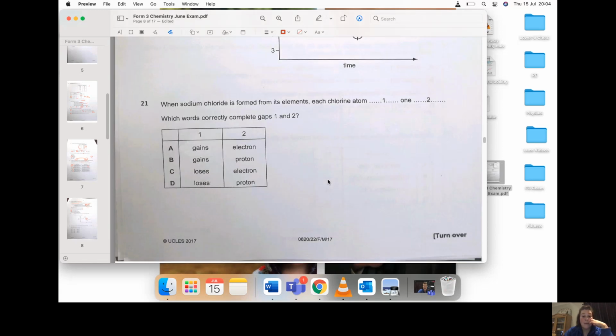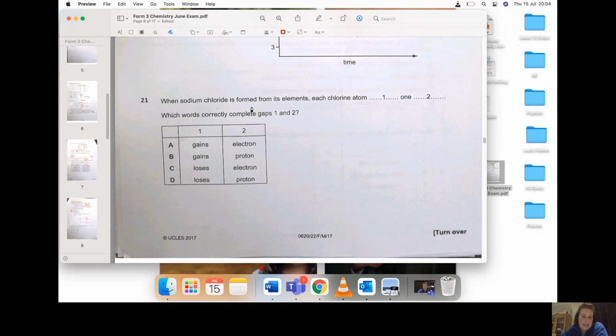Okay, number 21. When sodium chloride is formed from its elements. Okay, so what are the elements of sodium chloride? They are sodium and chlorine. Each chlorine atom, so now you need to think, okay, chlorine, how many electrons does it have in its outer shell? It's got 7 electrons.